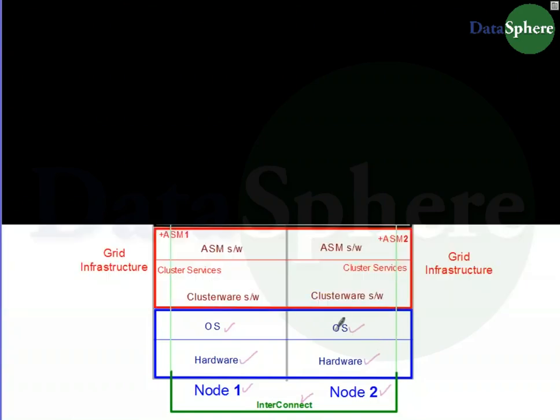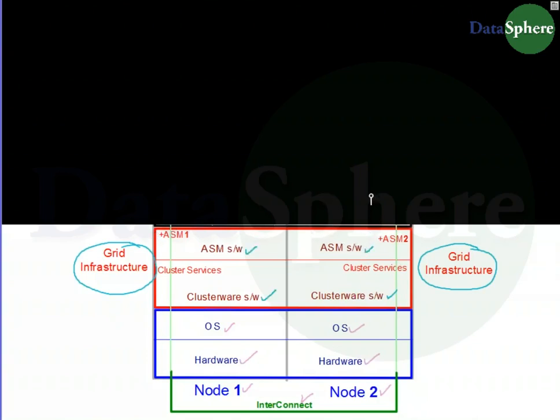On top of the operating system, within your server, we're going to install a component called grid infrastructure. It will be there in each server. It is software, and basically it has two components: one is clusterware software, then ASM software.